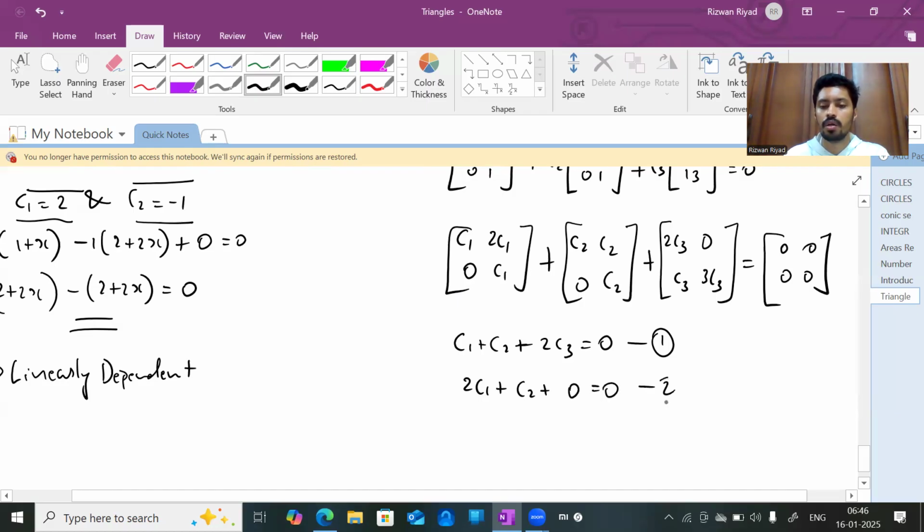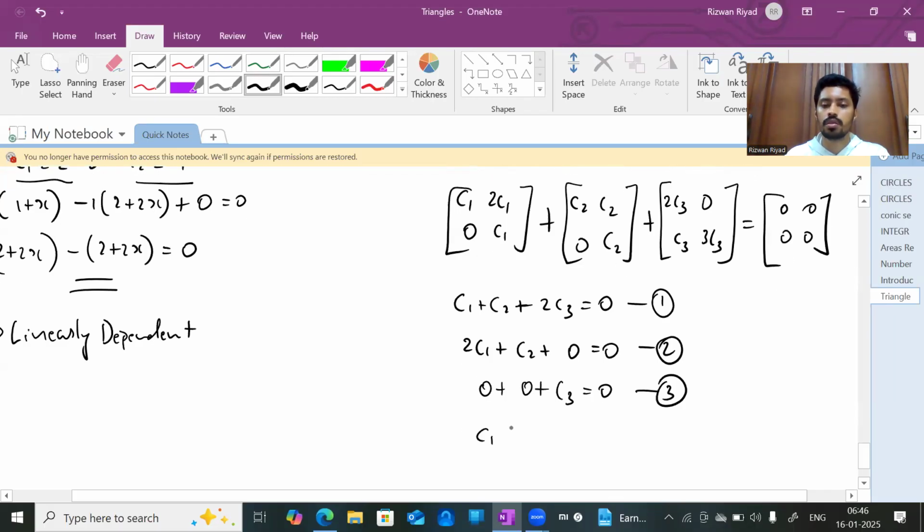That is equation number 2. Next, 0 plus 0 plus C3 equal to 0. That is equation number 3. And the last one, C1 plus C2 plus 3C3 equal to 0. Equation number 4.